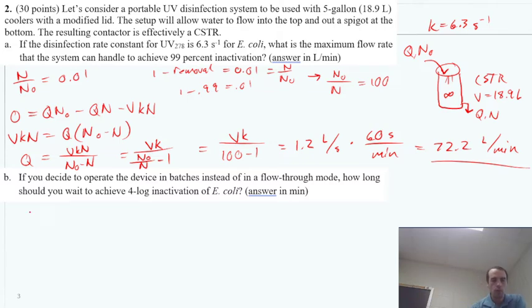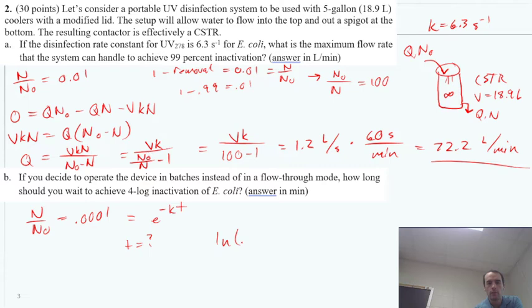So we know in this case, n over n naught is going to be 0.0001, so that's 4-log inactivation. And since it's a batch case, this is equal to e to the minus kt. So we just want to know time.